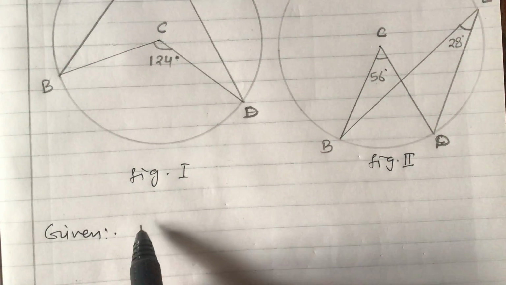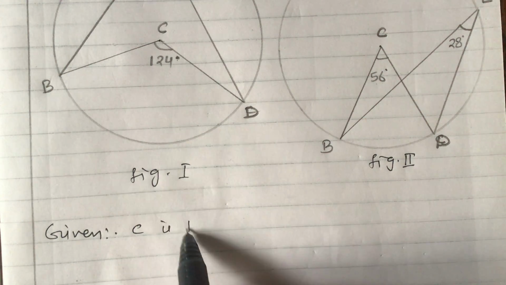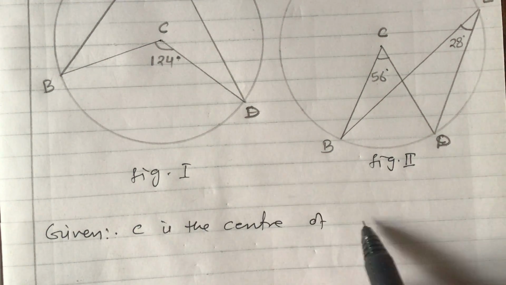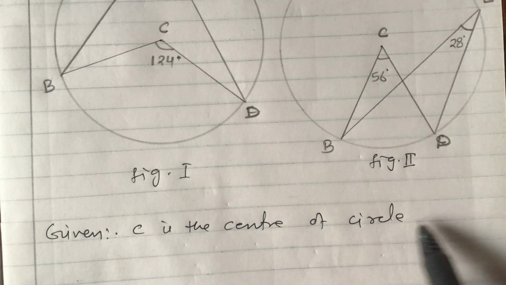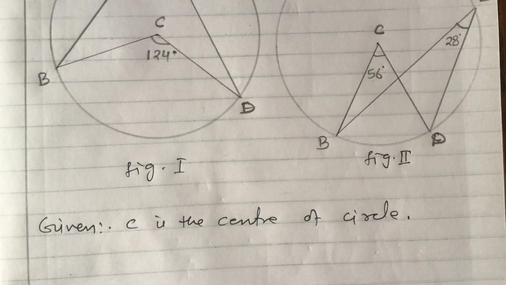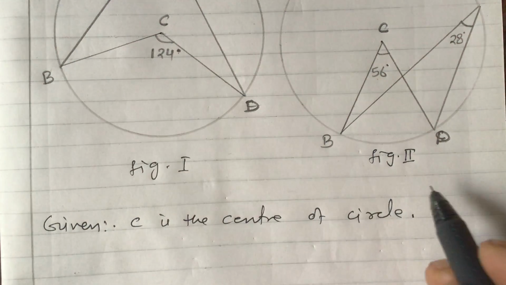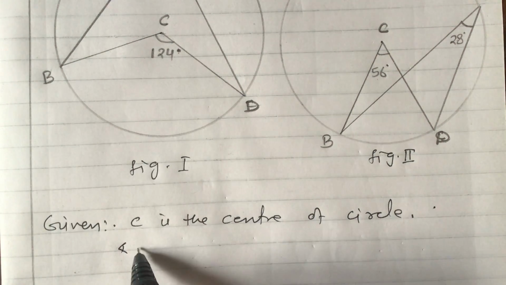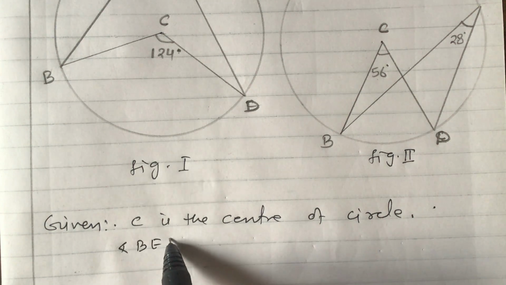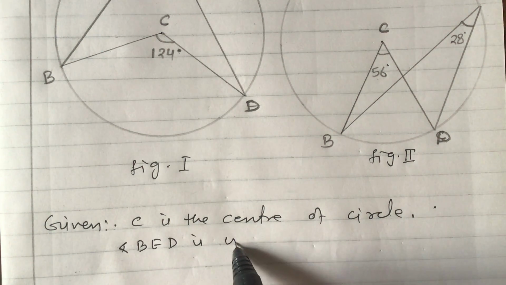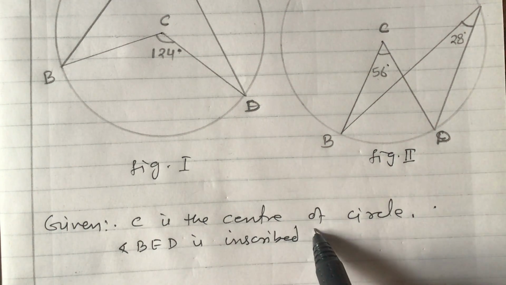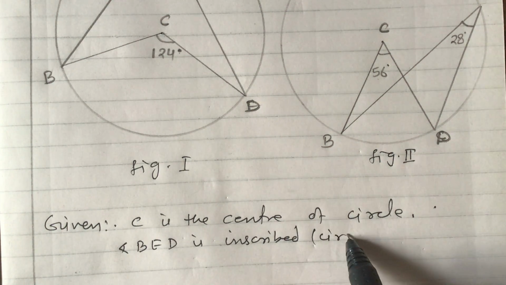Given is C is the center of circle. Angle BED is inscribed, or in bracket you can have circumference angle.